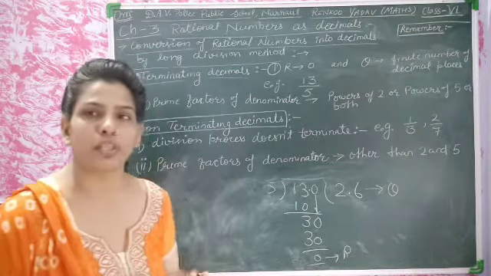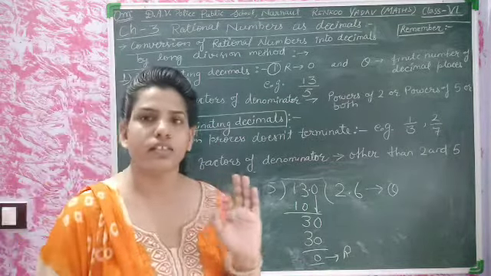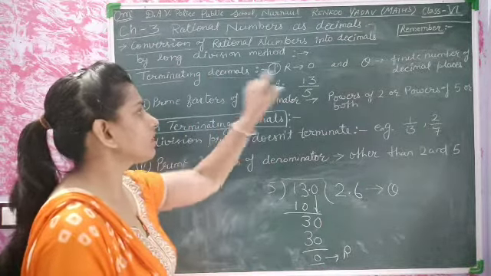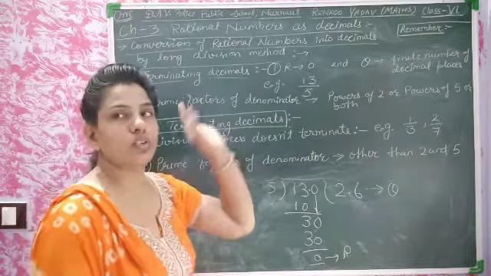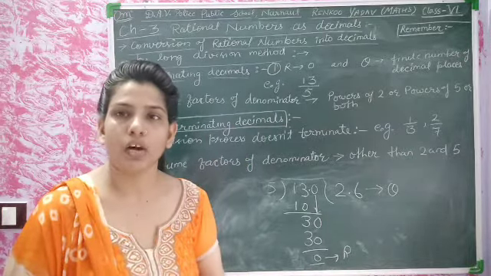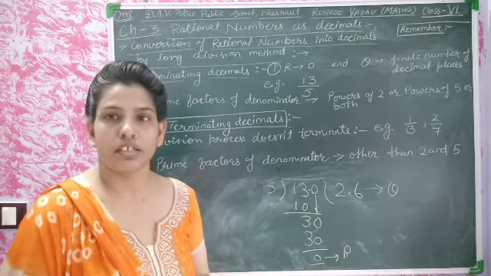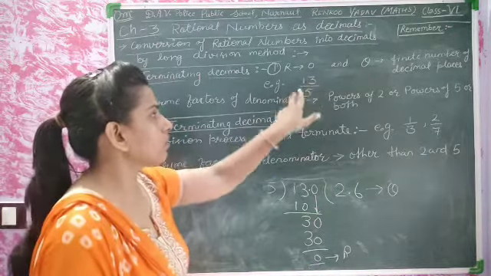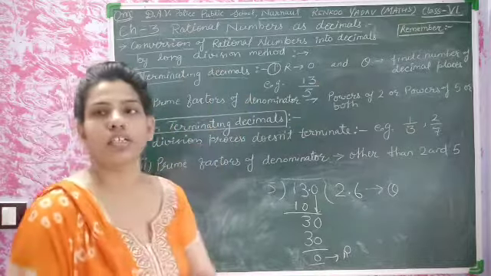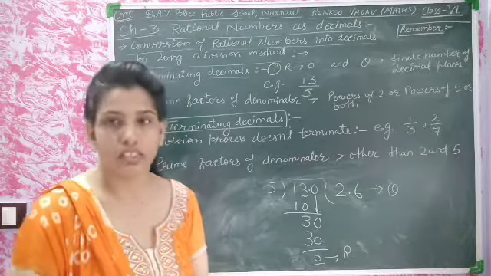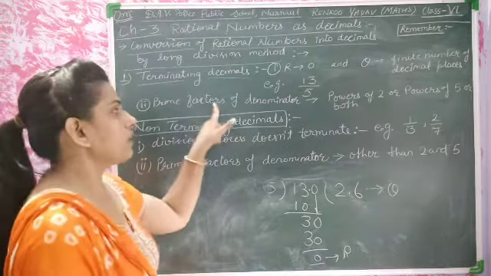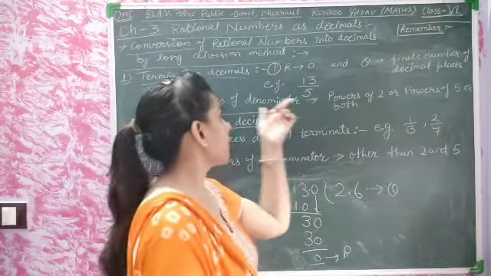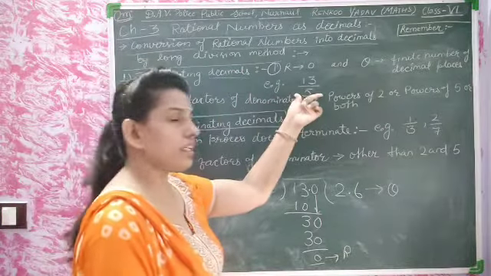And one more point: how to find directly, without the long division method, that a number is a terminating decimal? Without the long division method, how will we find out that the given number will be a terminating decimal? Let's see. We have to find the prime factors of the denominator.